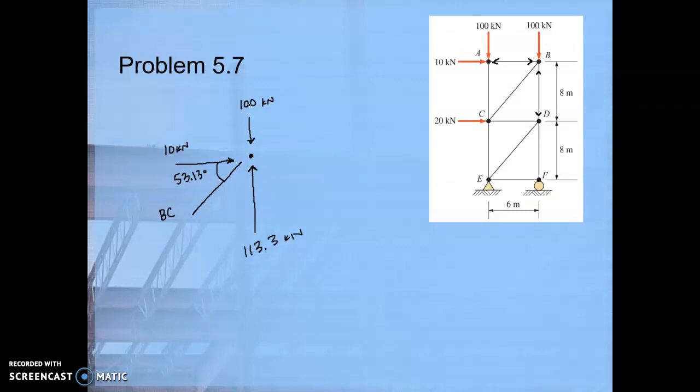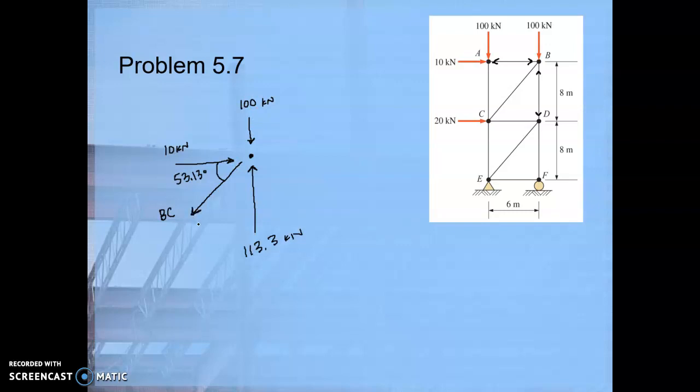So if we were to take a guess at the sense of BC, we can see that in the vertical direction we've got 100 kilonewtons pushing down, but 113.3 kilonewtons pushing back up. So currently the upward force is greater than the downward force. And we need the sum of all the vertical forces to equal 0. We need them to all cancel out. So this 100 kilonewton force needs a little help.